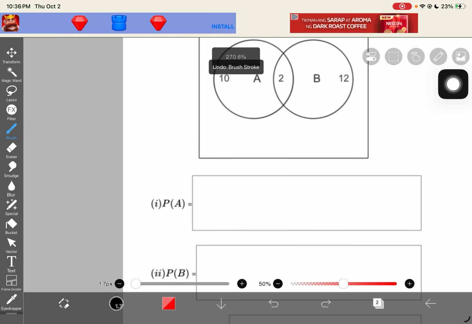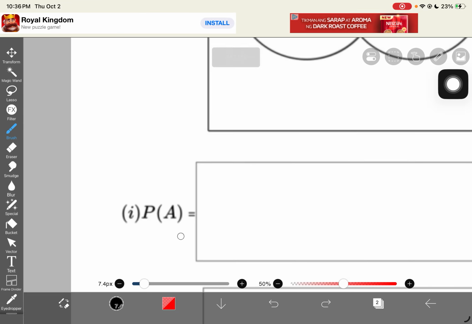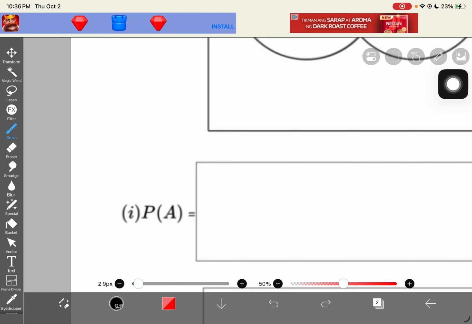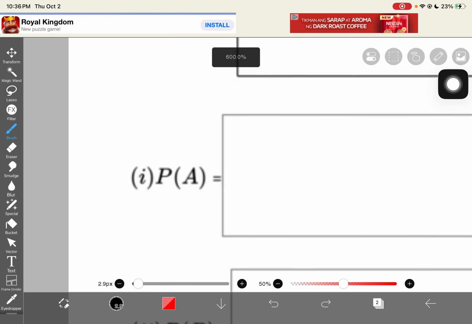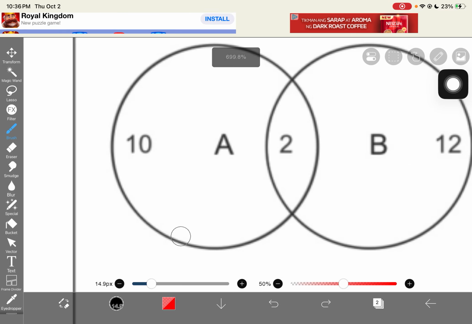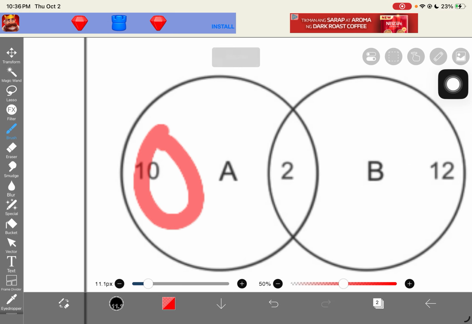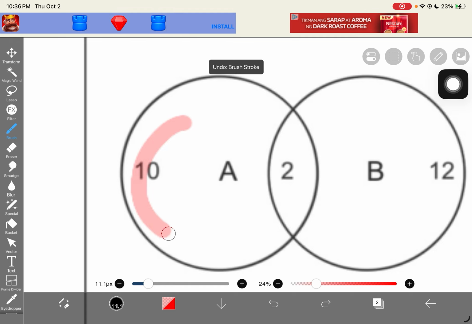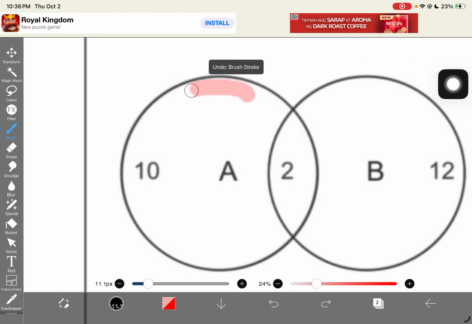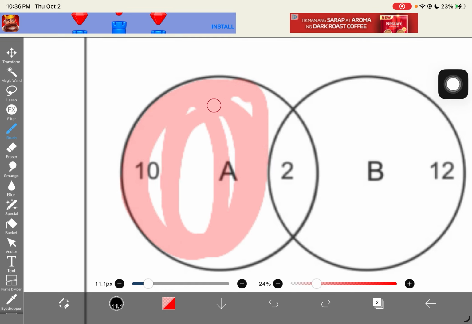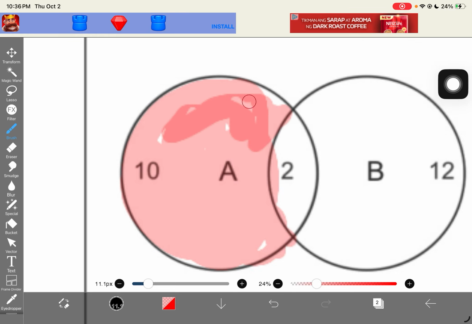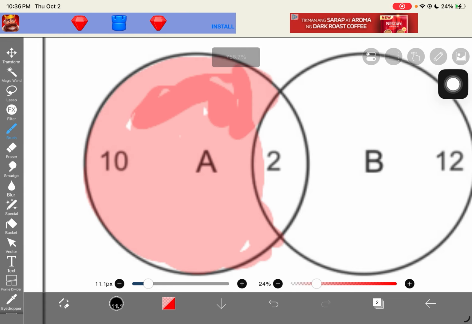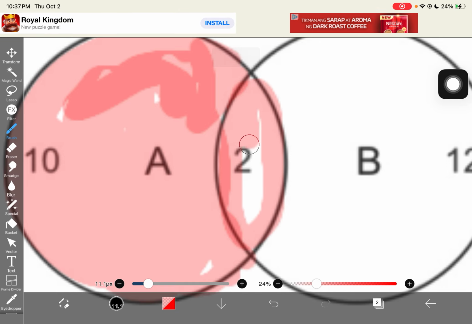So let's get started. First one, what is the probability of choosing an item that's within just set A? Obviously you can shade this region over here, because it's part of A. However, you can also shade the number 2 here. Why?